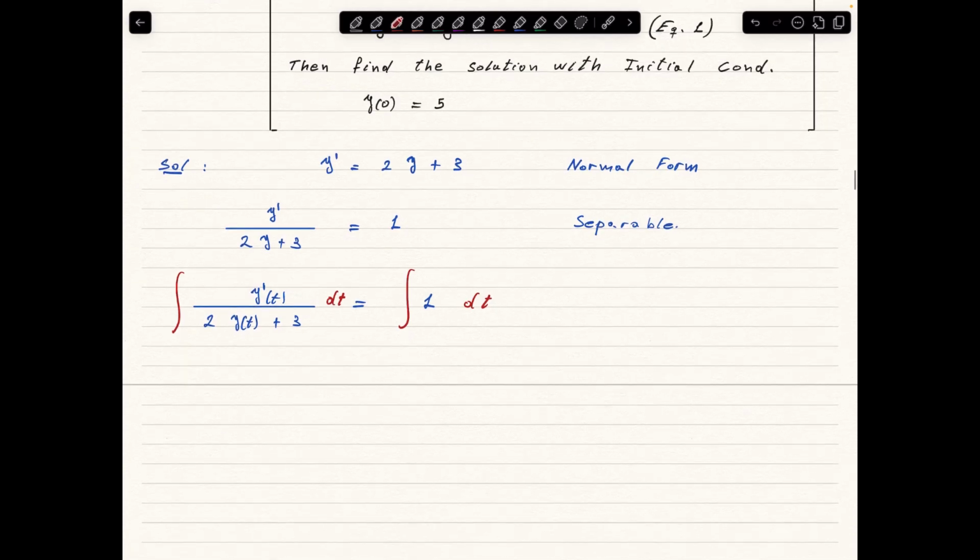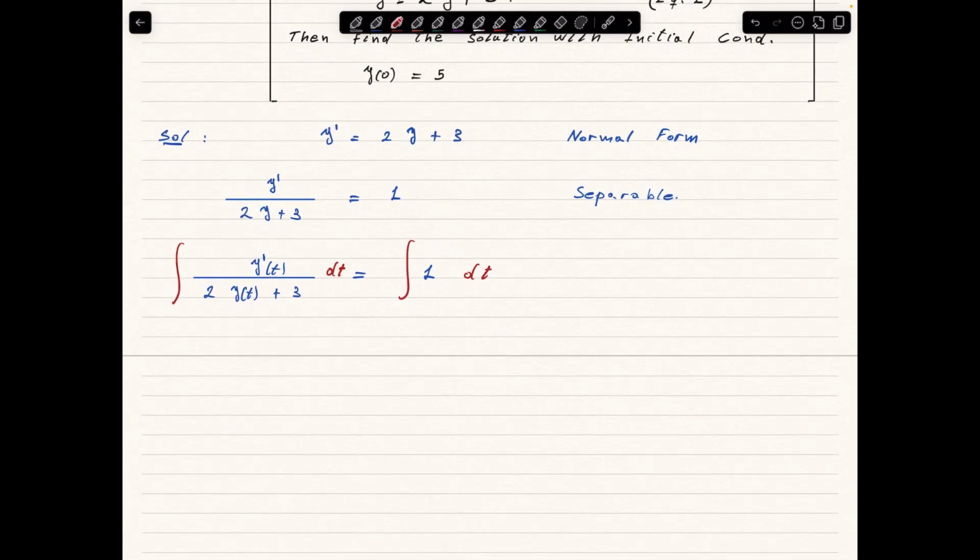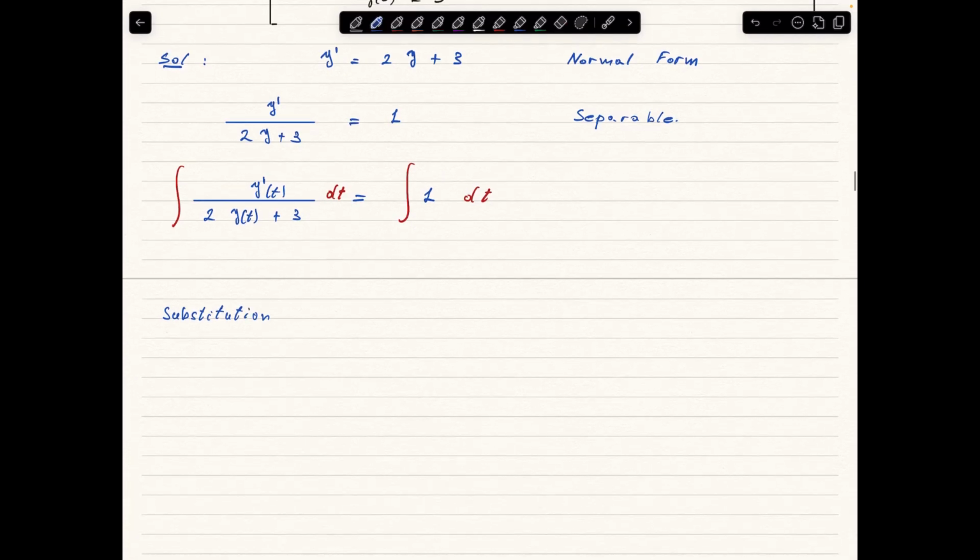What do we do now? We do the substitution on the left hand side. On this side we do the usual substitution that is going to change the unknown function into the integration variable. And what is the substitution?